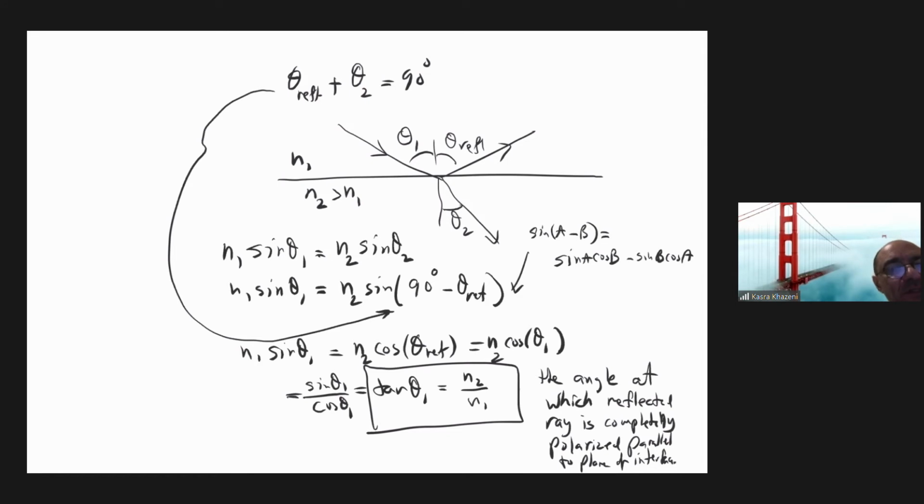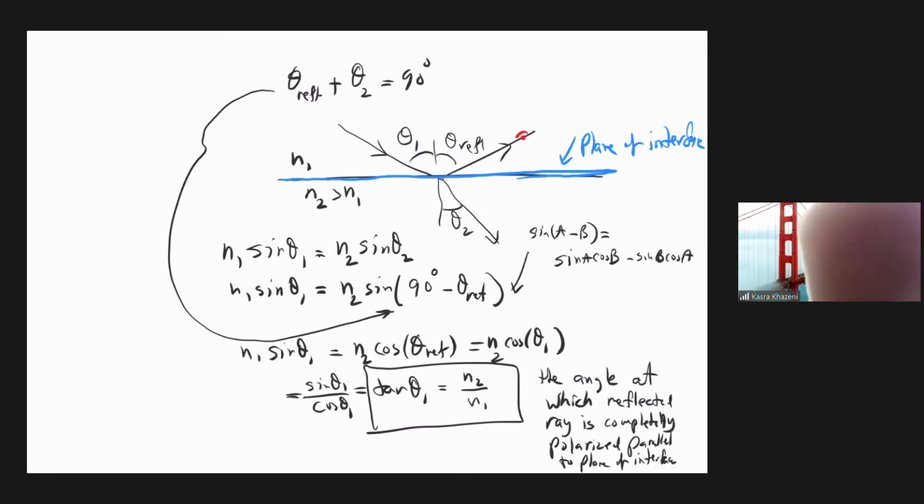So this is the plane of interface between the two materials. And so the polarization would be completely parallel to that plane, where it was completely non-polarized.